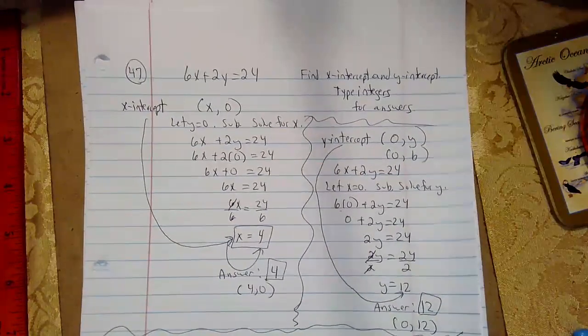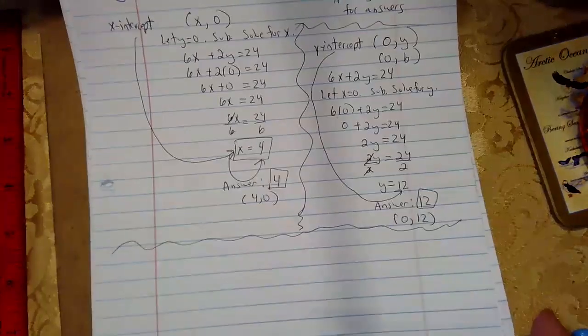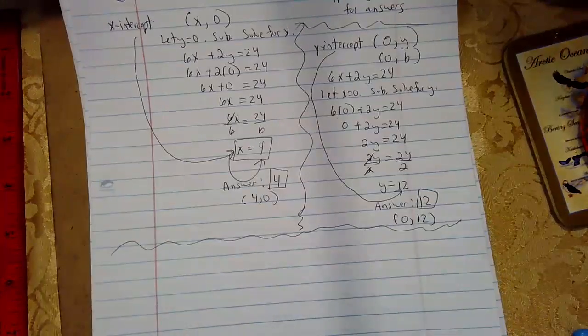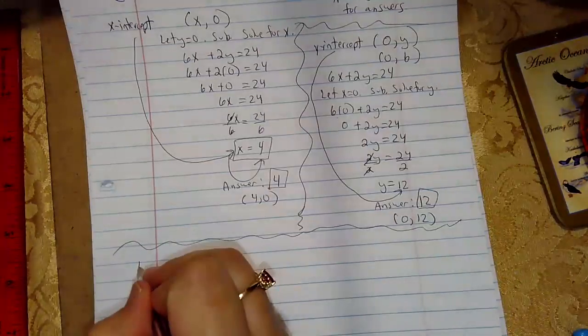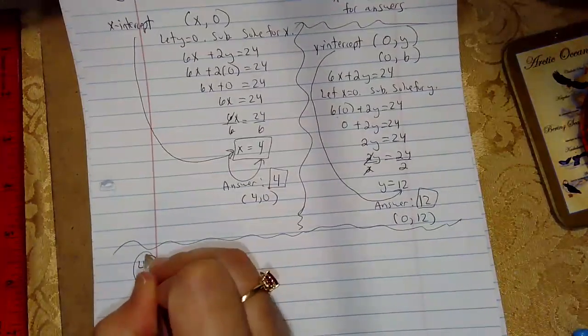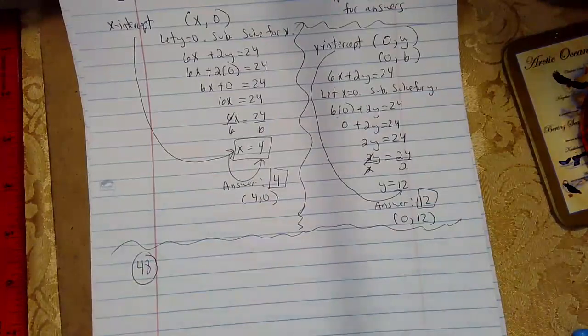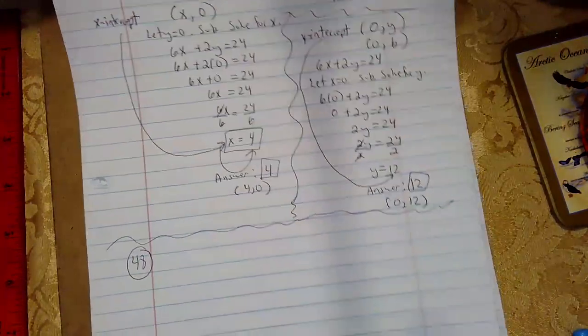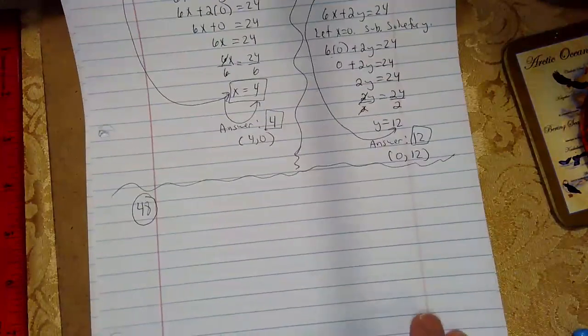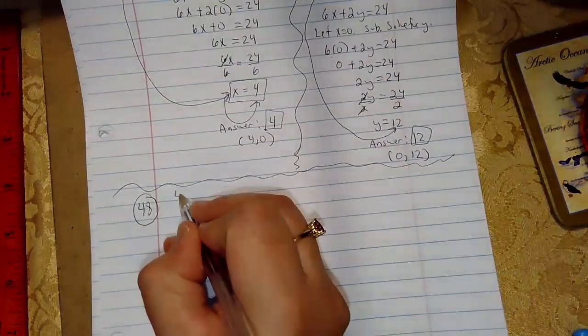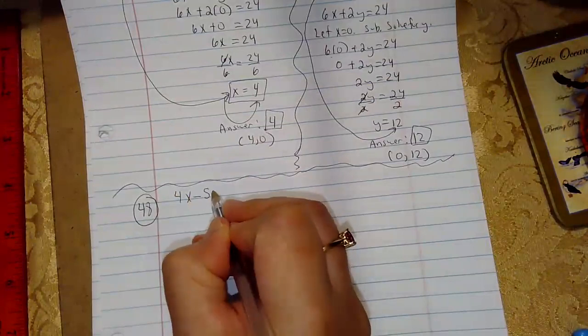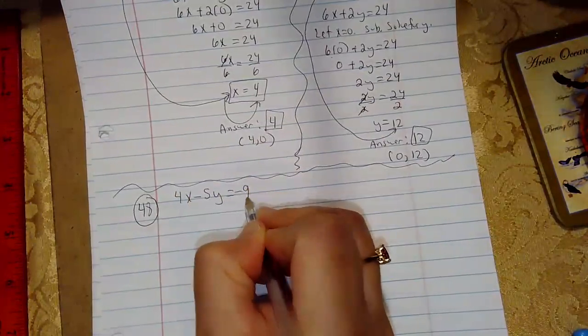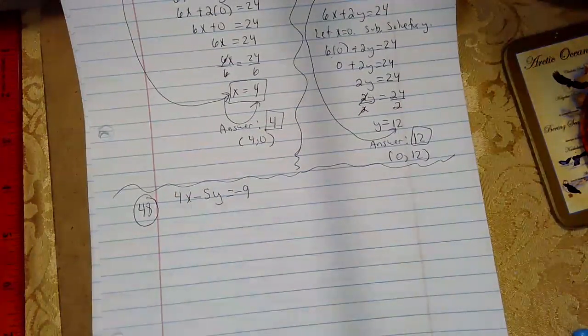Okay, then on 48, it does say use intercepts and a checkpoint to graph the equation. And then they have multiple choices on this one. Okay, so you have 4x minus 5y equals -9. That's what was given to me on my computer here, my problem it generated.